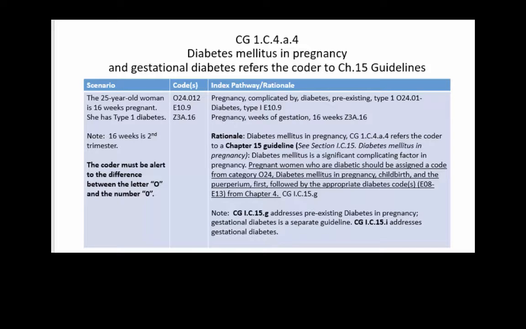So you have to be sure if you are handwriting, for example, I would put a mark through the 0 to indicate it's a 0. But if you're typing, you simply have to really read carefully. In ICD-10-CM, the first character in a code is not a number, so it has to be the letter O if it's a part of a code.